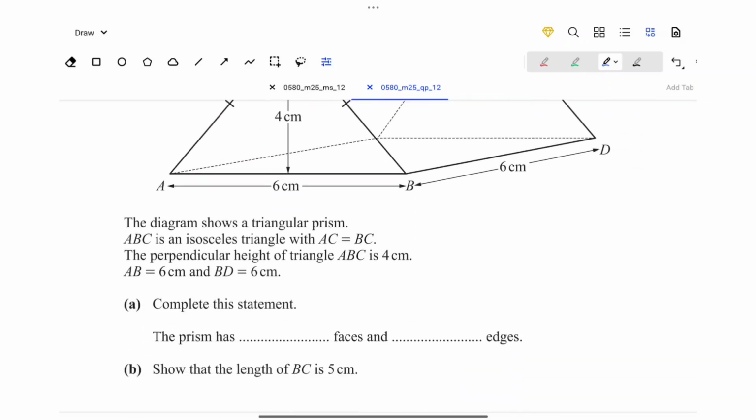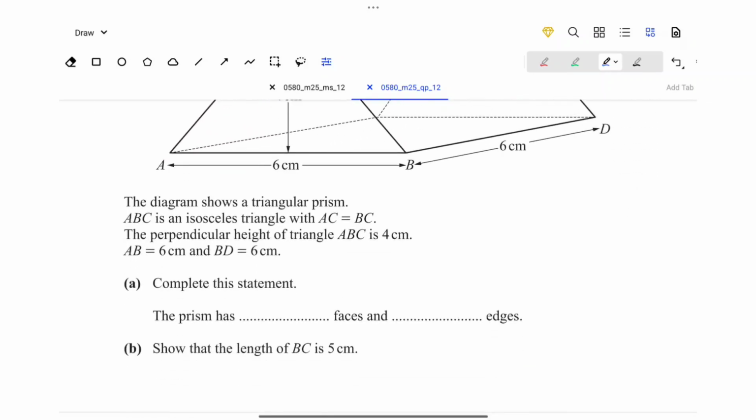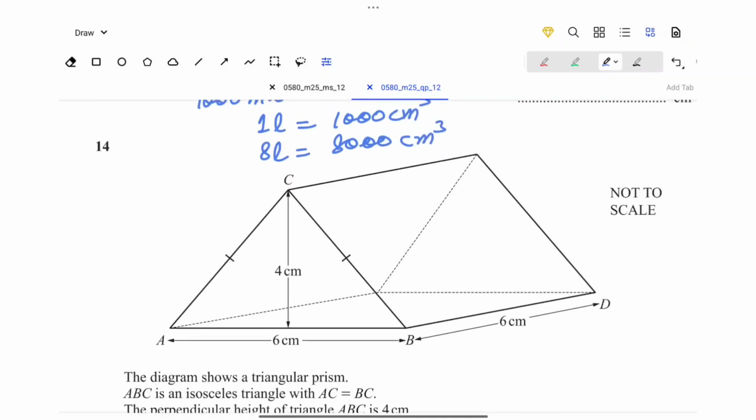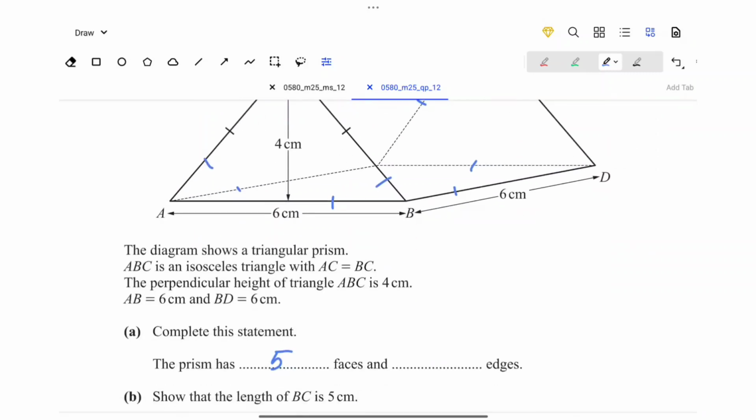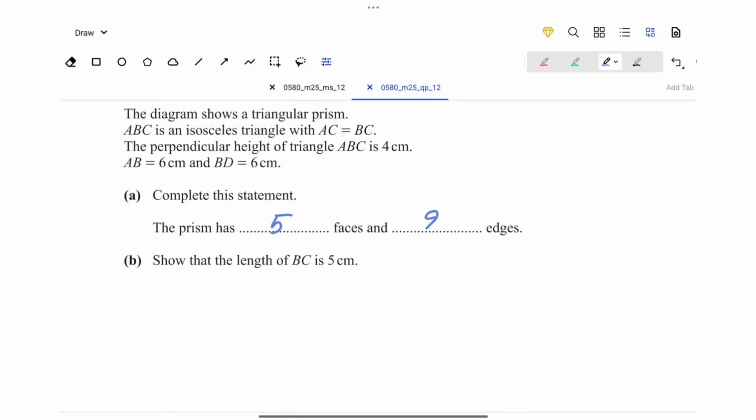So 2 triangular plus 3 is 5 faces. And now we count edges. 1, 2, 3, 4, 5, 6, 7, 8, and this is 9 edges. It has 5 faces and 9 edges.